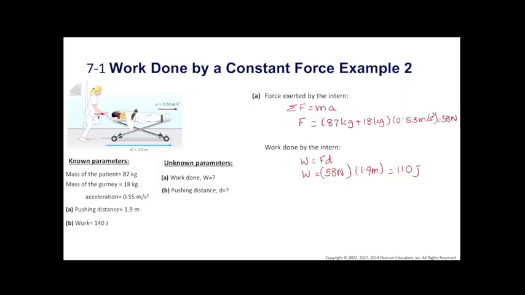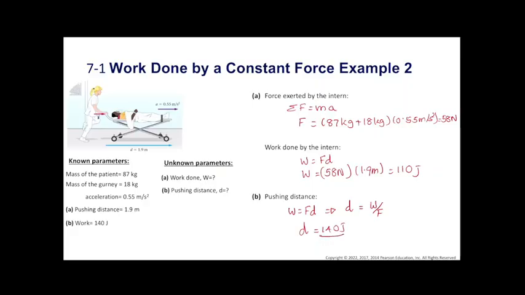Next, in part B, we are asked to find the distance d if the work done is 140 joules. Therefore we can use the same equation, W equals Fd, and we have to find distance. Therefore d is equal to W over F, work done over force, and work done is 140 joules.